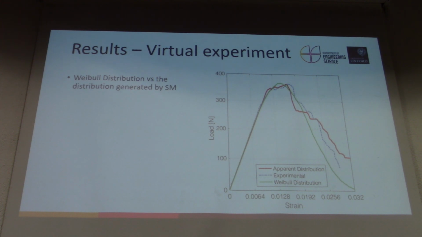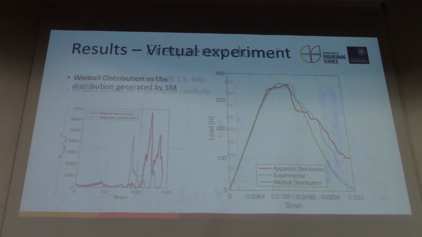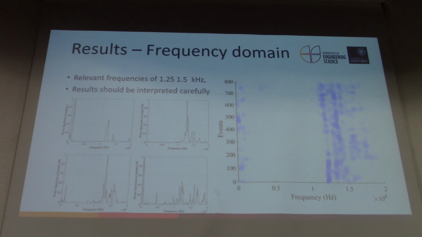And in green you have what it would look like if you use a Weibull distribution, which is much smoother, but lacks these realistic features of ups and downs caused by several defects in the experiment. And you can see that the error is also less using those strengths from the sound measurement method.